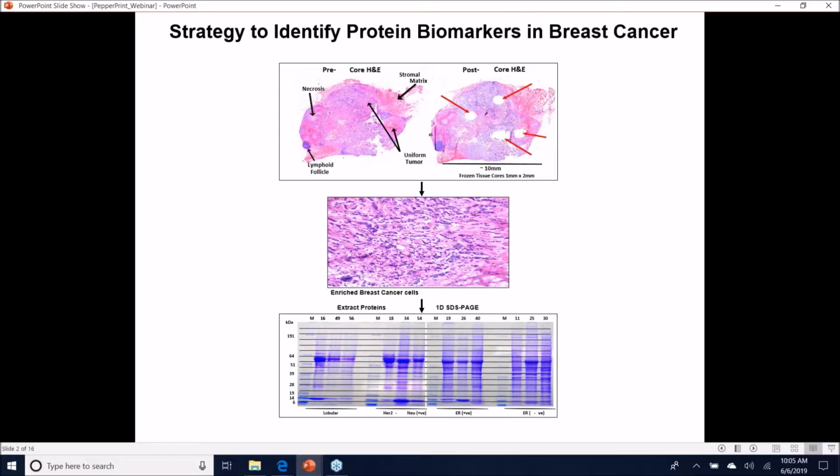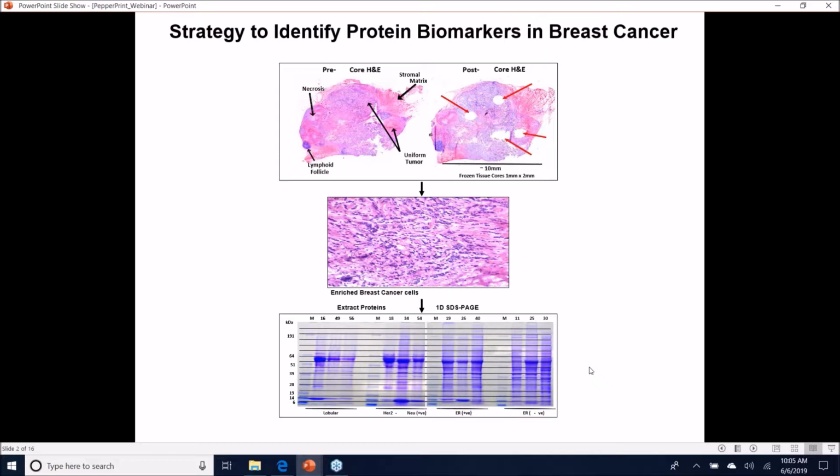Essentially, what we did was look for somewhat homogeneous cancer cell rich regions and core out these samples. So these are using biopsy needles, and then we select them. We lyse these tumor cells, and then we would run on a gel, and we cut the gel into slices and identify the proteins.